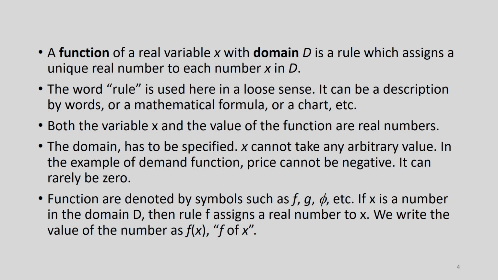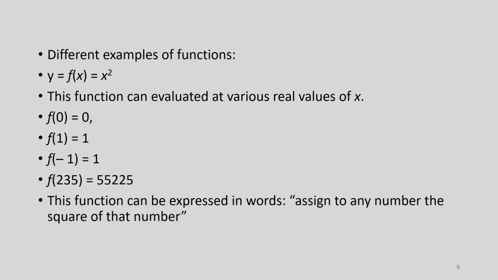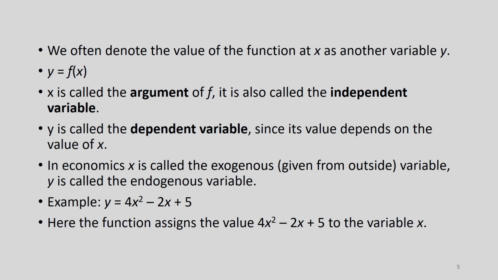It can also be specified as a verbal statement, and it can also be mentioned in the form of a chart. So, the variable which is the x variable is called the independent variable or the argument, and the y which is f x is called the dependent variable.